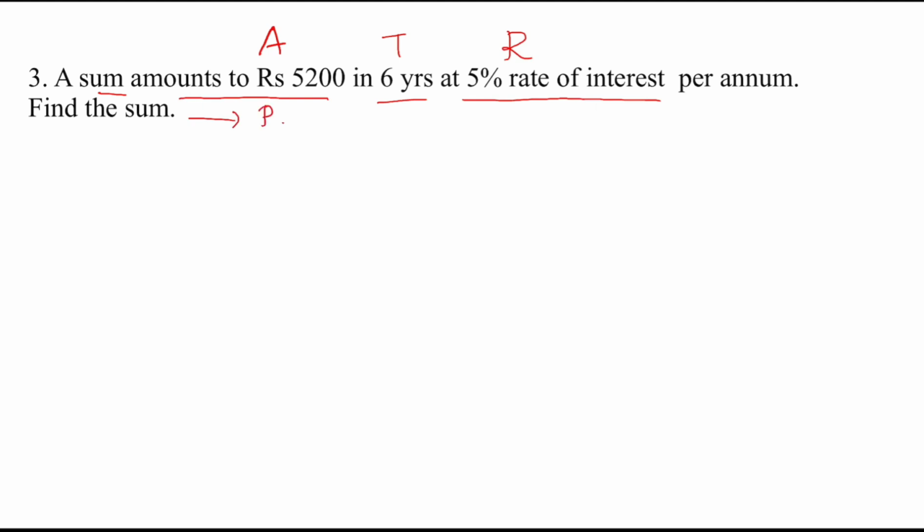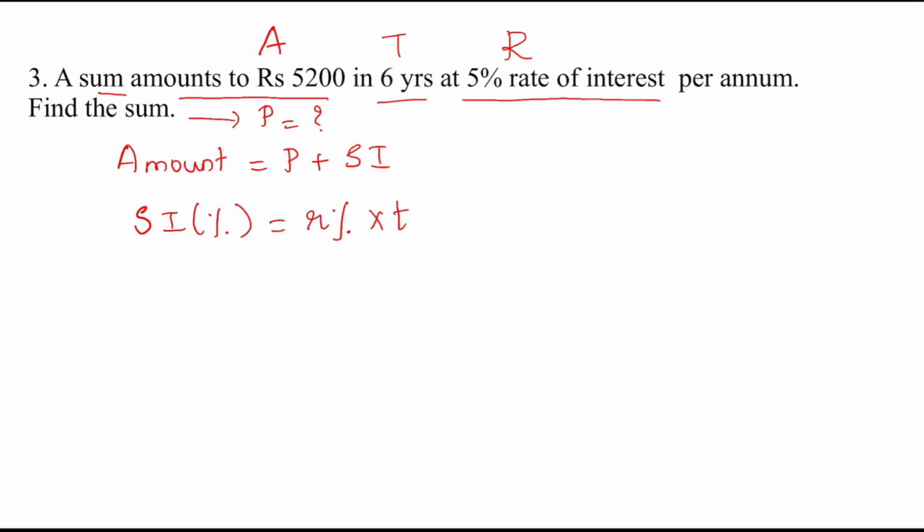Again they are asking what is principal. Now we know that amount is equal to principal plus simple interest, isn't it? First we will find out simple interest in terms of percentage. Simple interest in percentage is R percent into T. So R is 5% into T is 6 years.